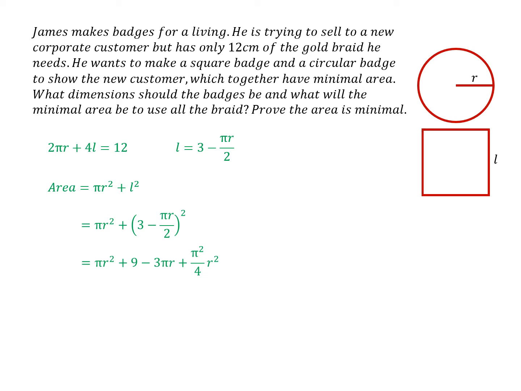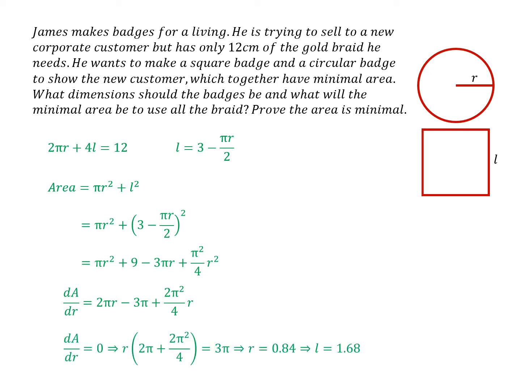So when I differentiate, I get this expression here. I'm trying to find the minimal area, so I must make dA/dR equal to 0, and when I do that, I get R times this bracket must equal 3 pi, and from there, dividing 3 pi by that bracket gives me a value for R of 0.84 and a value for L exactly double, 1.68.